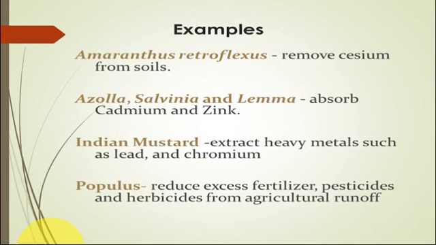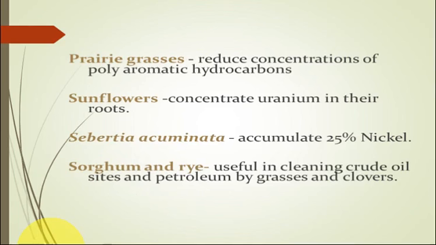Indian mustard, that is Brassica juncea, extracts heavy metals such as lead and chromium. Poplar trees, otherwise the Populus genus, reduce excess fertilizers from contaminated soils. Then prairie grasses, of the grass family, generally perform rhizofiltration.